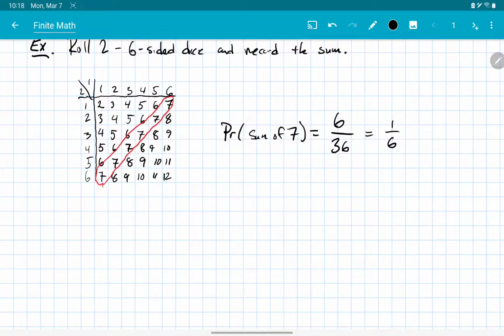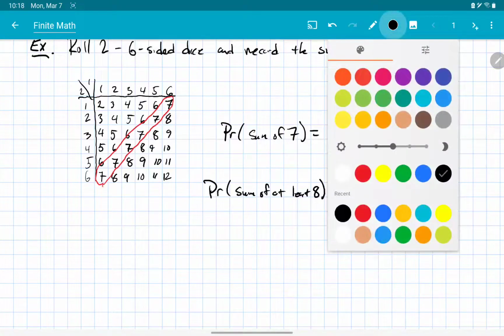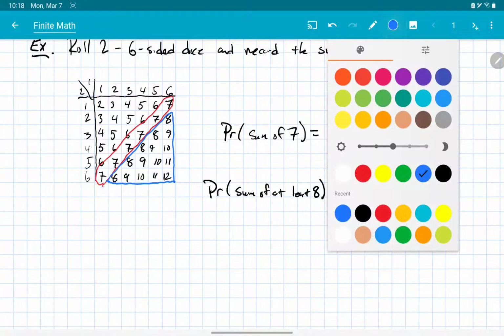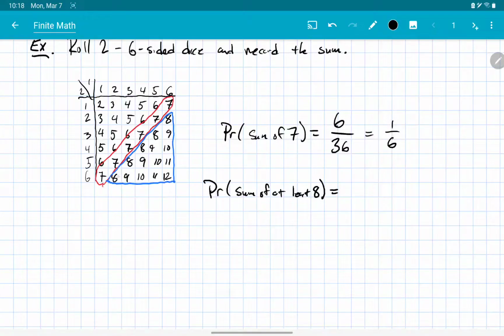Then we could ask, what's the probability of a sum of at least 8? We circle the portion that is at least 8 and count how many there are: 1, 2, 3, up to 15.